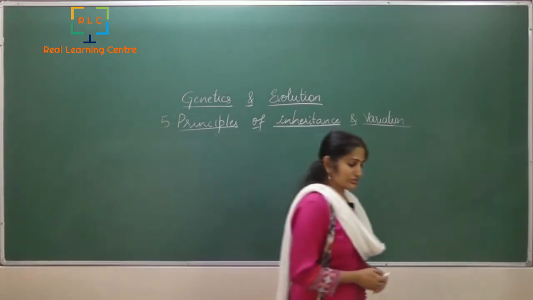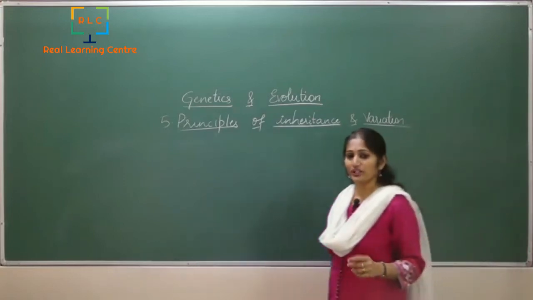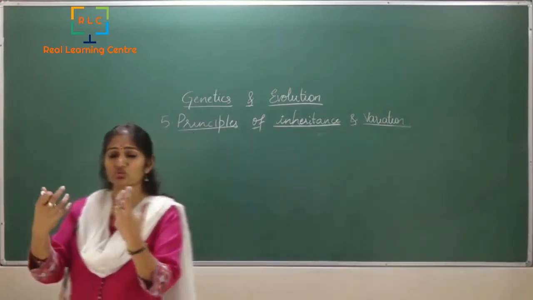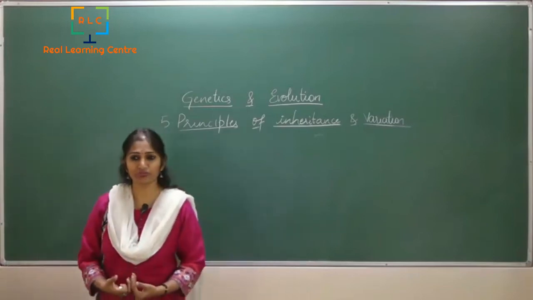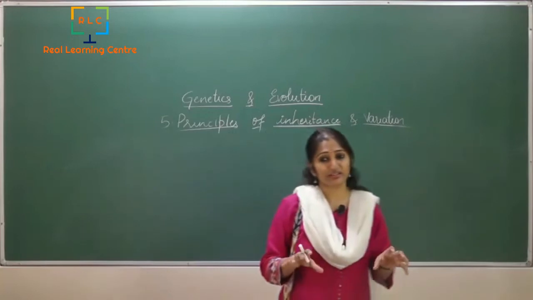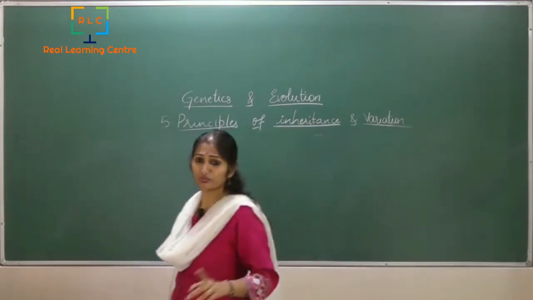And then we also studied the law of segregation. In the law of segregation, we saw that though two genes or two factors are present together, we do not see any blending between them, and the characters just get separated in the F2 generation without blending.